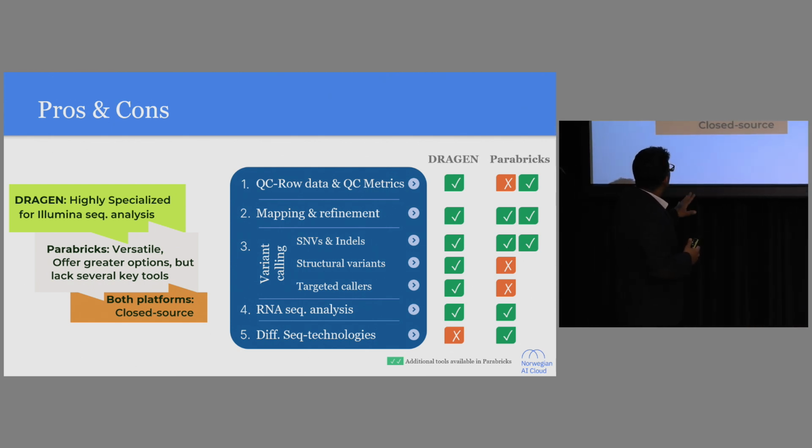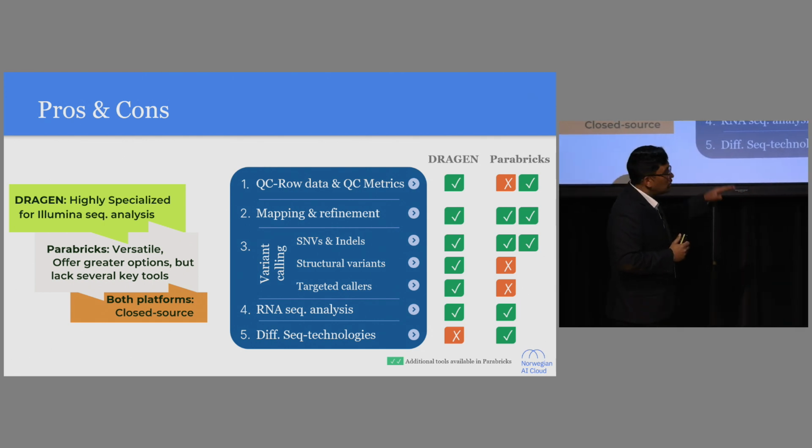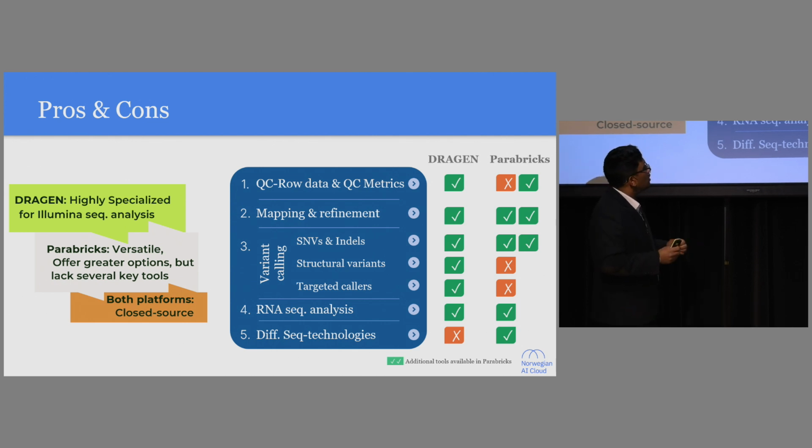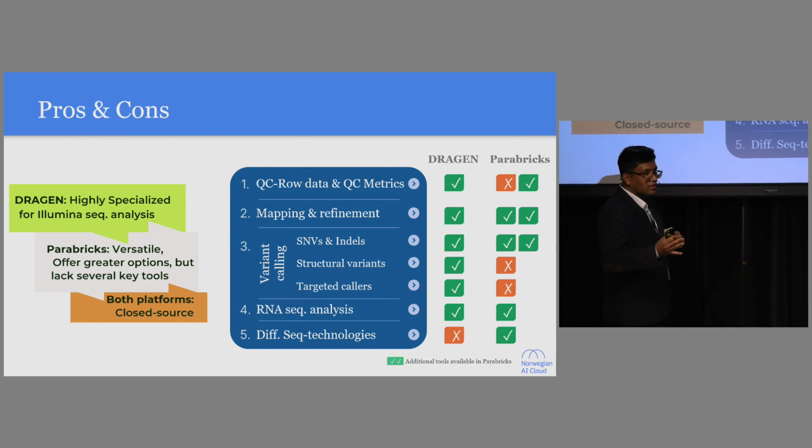Parabricks is versatile. It offers greater options, but lacks several key tools. What we see in several rows is two check marks, meaning they offer multiple tools, multiple modules. So we can either choose the module or tool that works for our use case, or we can use both and get the intersection to reach higher precision.